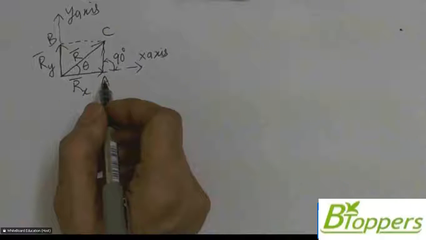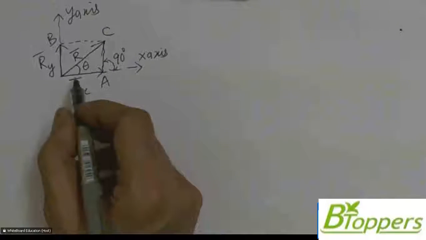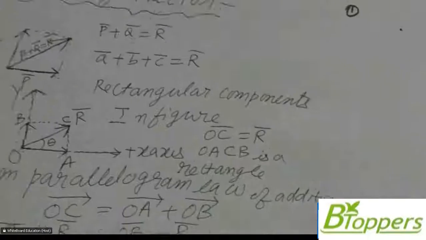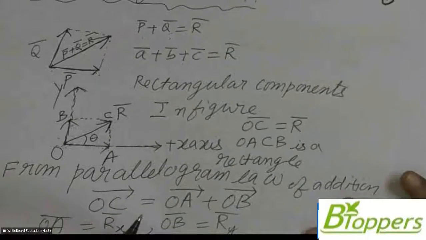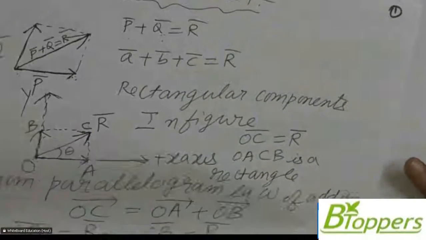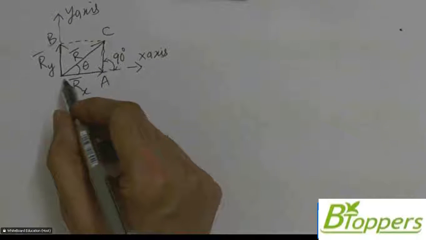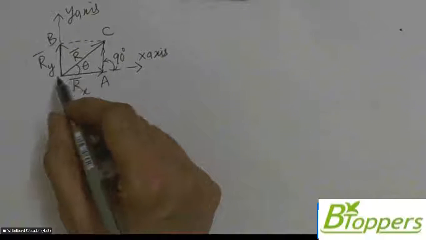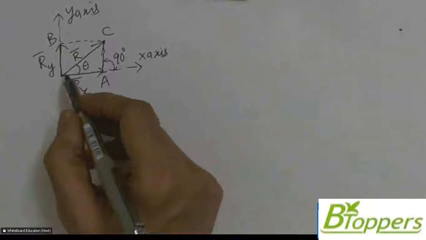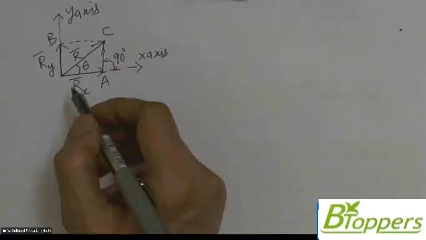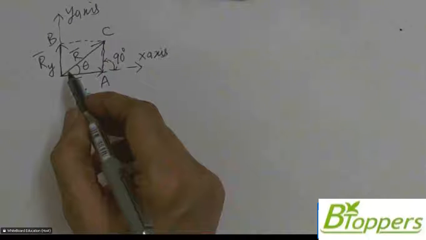So I have again drawn the same diagram which I have shown you in the previous discussion. As I told you, OA bar and OB bar can be called the component vectors of vector R bar.